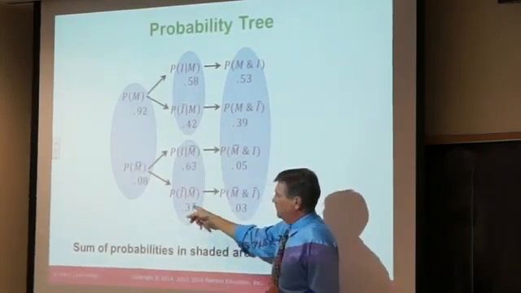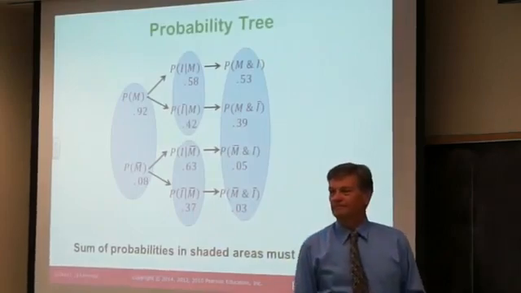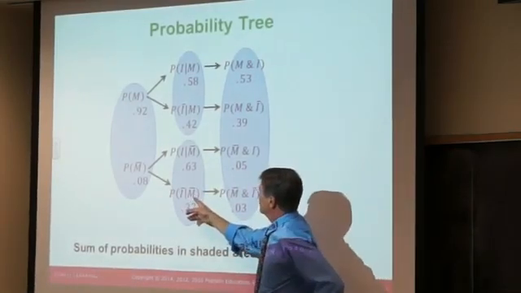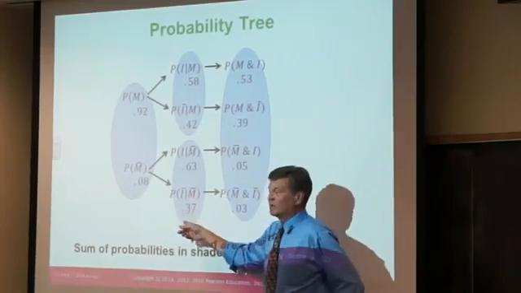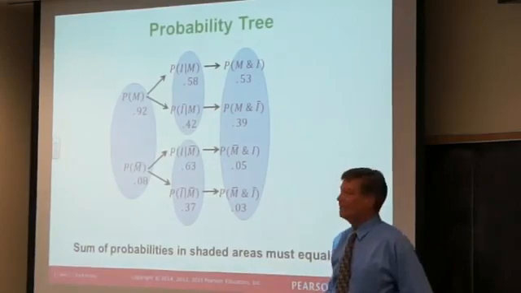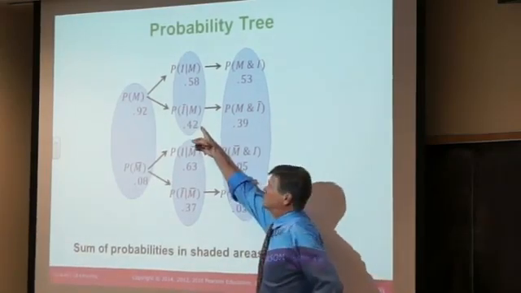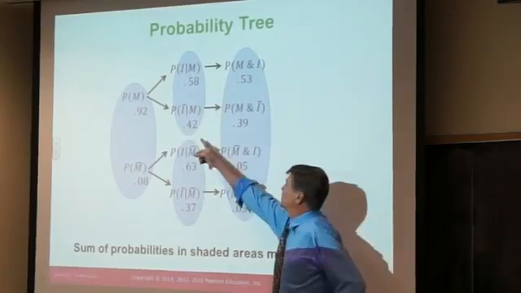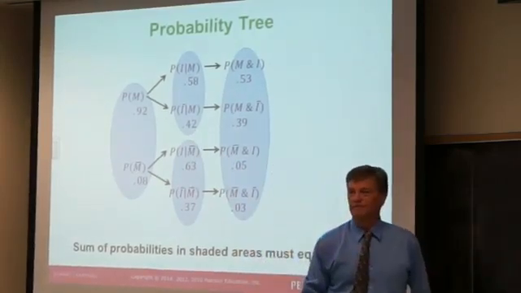Those two probabilities have to add up to 1, because those are all the options. If I have a female, she's either in state or out of state. And it's likewise up here. If I've selected a male, he is either in state or out of state. So these two probabilities add up to 1.